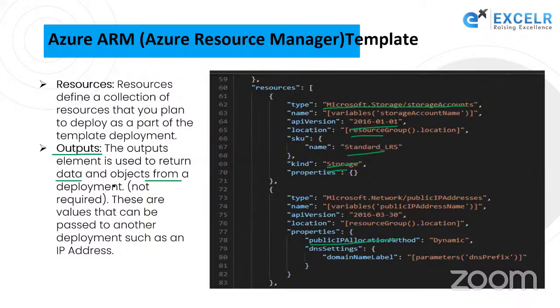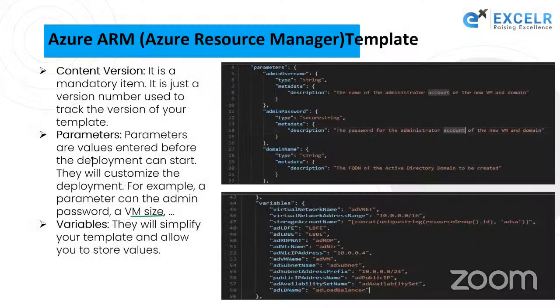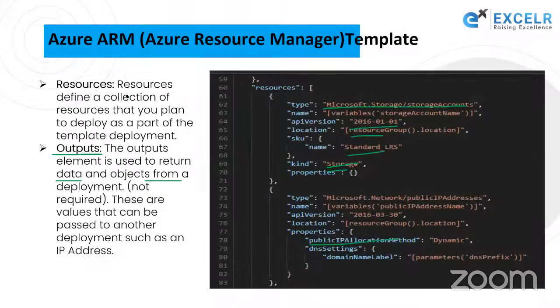So this is the complete definition of your ARM template, the various sections which are part of it: parameters, variables, then version, and the resources, which is a mandatory section. Okay. So if you need to know more about ARM template provisioning, here is the link for you.